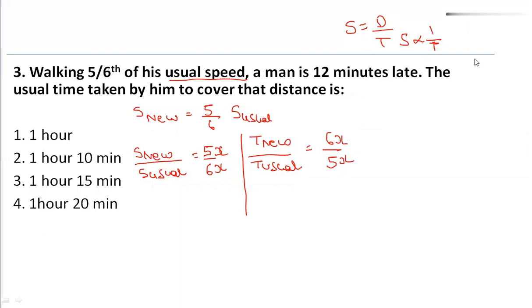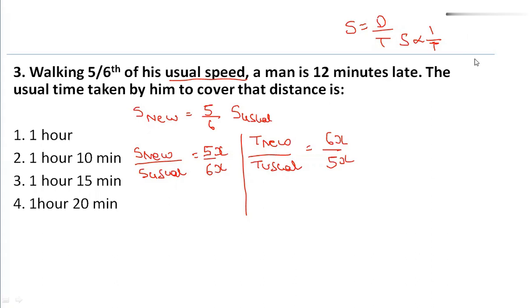Now, try to understand why I am writing 5 by 6 as 6 by 5. Actually, in the fraction of 5 by 6, what is the meaning? New speed equal to 5 by 6 of usual speed. That means in the fraction of 5 by 6, 5 is referring to new speed and usual speed equal to 6x. So actually 6 parts of speed that he has to use to reach the destination on time.